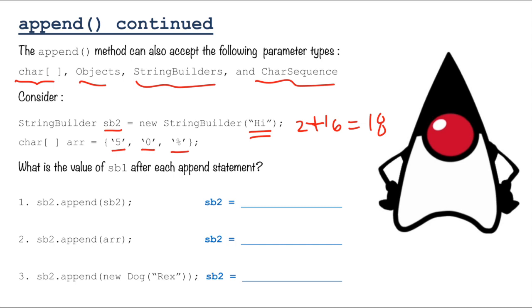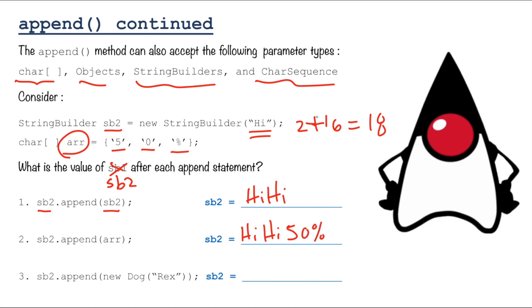What is the value of SB2, this should say, after each append statement? So it starts with hi, and it's going to take SB2, append SB2, so we have hi. And then we're going to append ARR, which is this array, so we have hi, 50%.